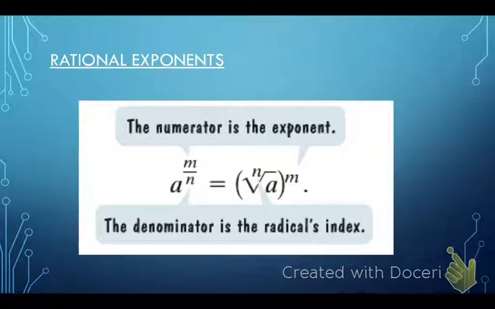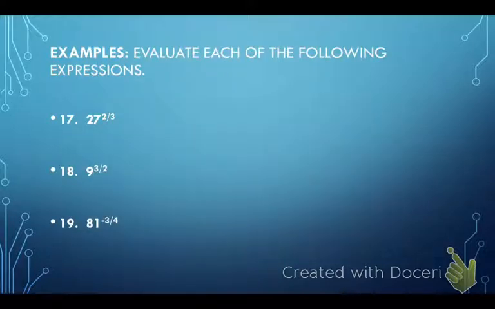Your denominator is the radical's index, or that's your root. Again, nothing new. So like if I had on 17, 27 to the 2/3 power, I'm going to rewrite this as the cube root of 27 all squared.